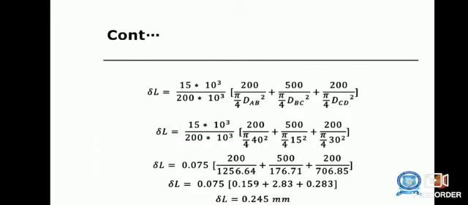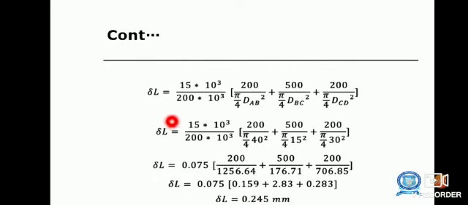The area of portion AB is pi by 4 DAB whole square, the area of BC is pi by 4 DBC whole square, and the area of CD is pi by 4 DCD whole square. We apply all the given values inside the formula.